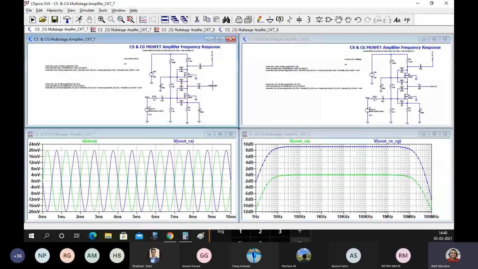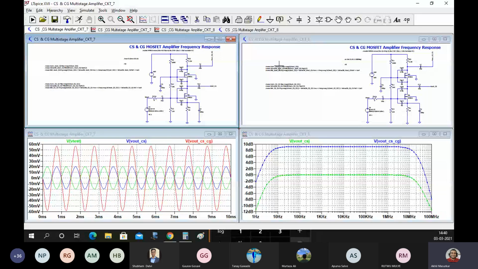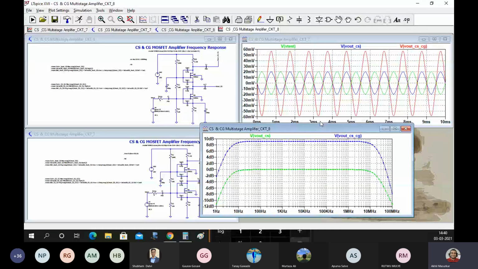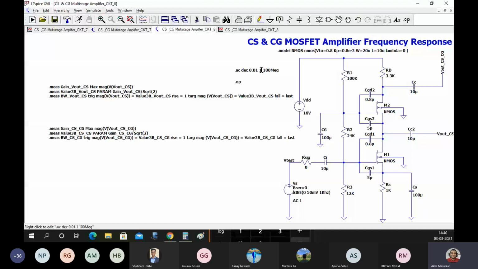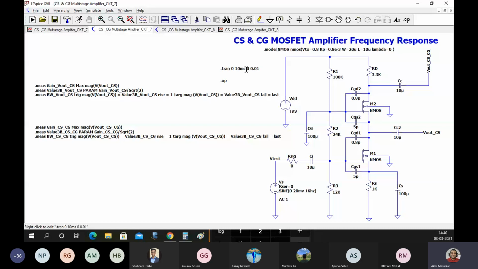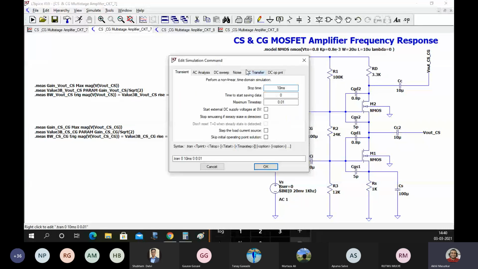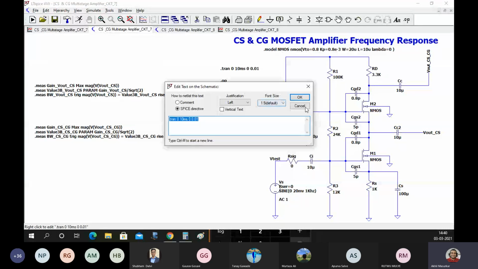So please make 2 circuits. Don't mix up everything in the same circuit. See what I have done. First I took this circuit, I did the AC analysis, and I got this graph. Then I went to this place and did a transient analysis. So the circuit remains the same, but instead of dot AC, now I run dot tran, and then I got this.